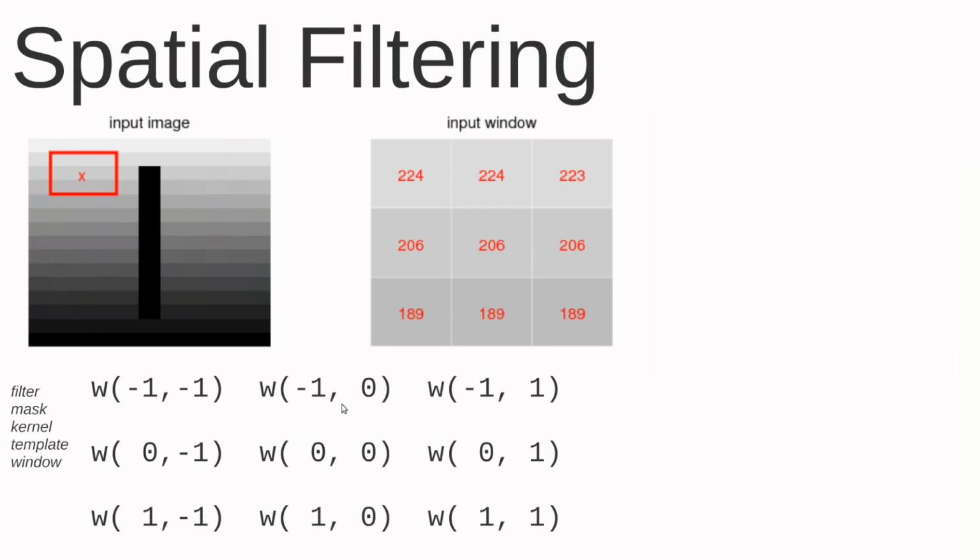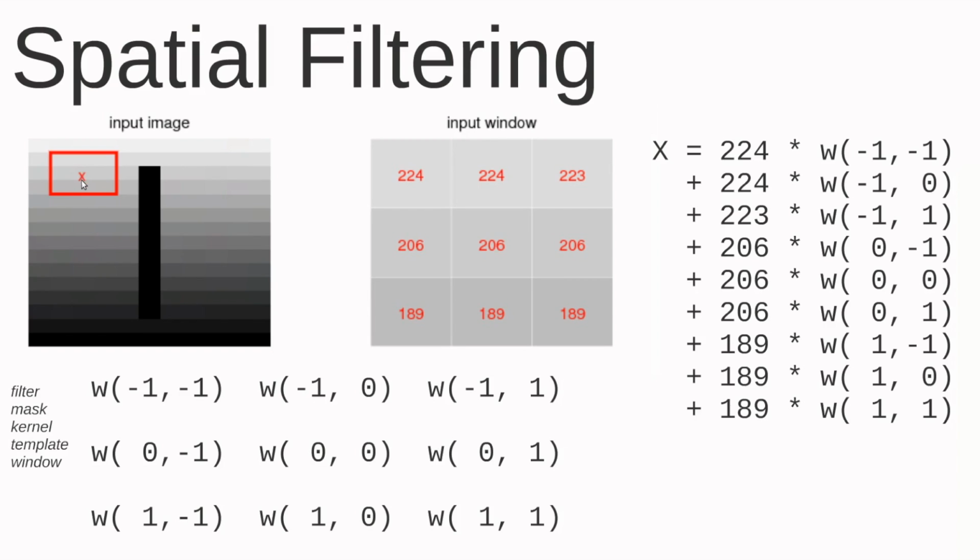And how do we make this computation? This first value will be multiplied by this first weight, and it will be added to the second value multiplied by this weight, plus this value multiplied by this weight, and so on.